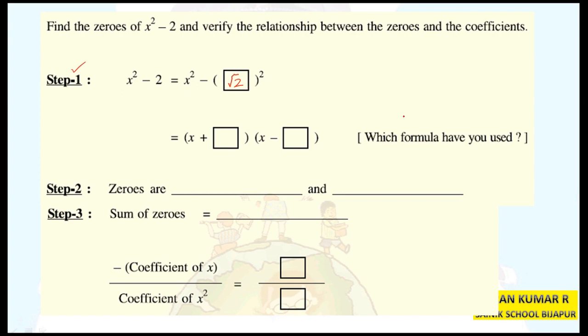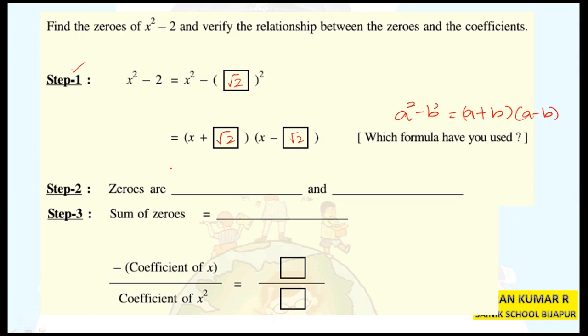So which formula is used? A square minus b square is equal to a plus b multiplied to a minus b. This identity is used and it is written as x plus root 2 and x minus root 2.